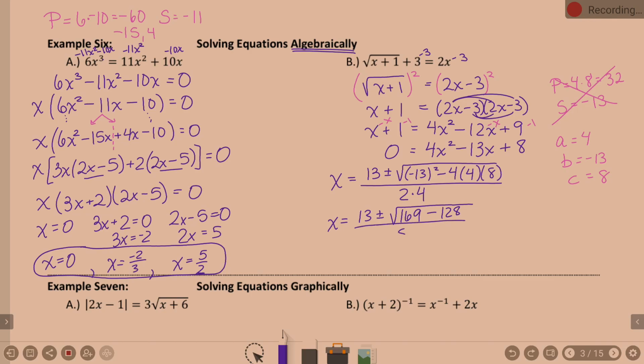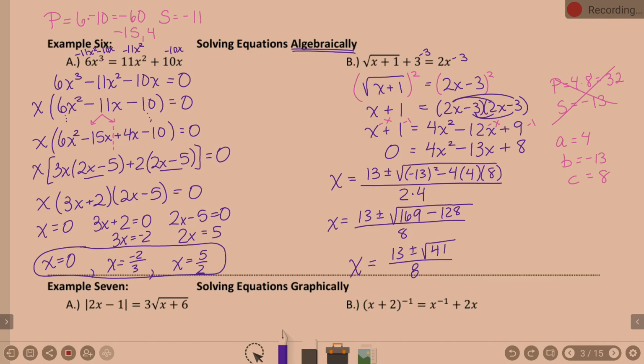So 13 plus or minus 169 minus 128 is 41, all over 8. Okay. Thoughts?